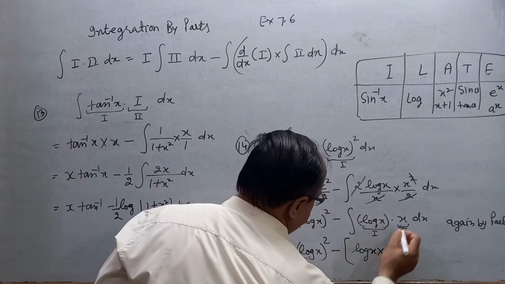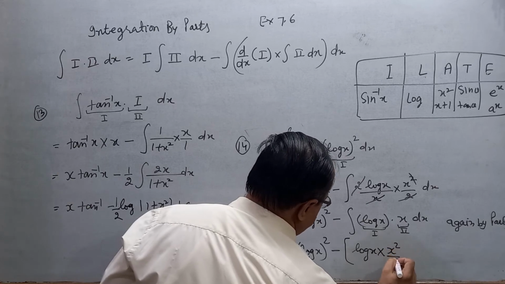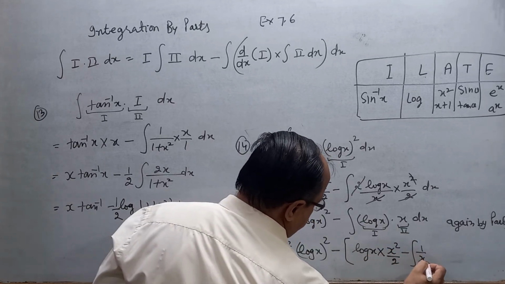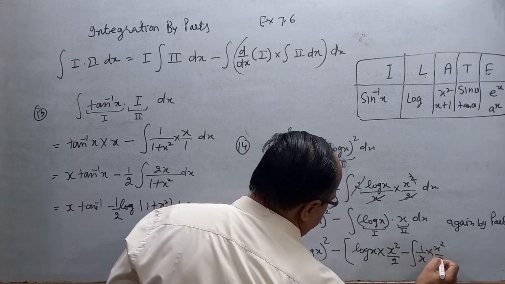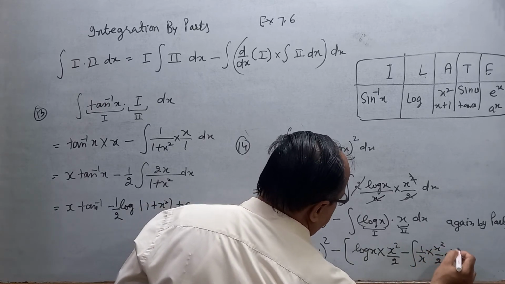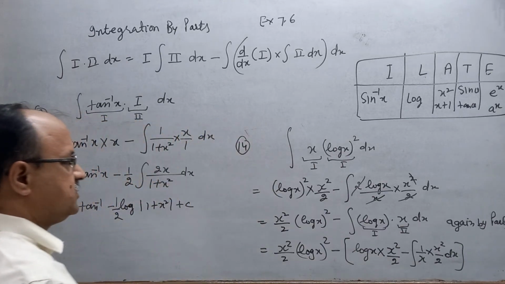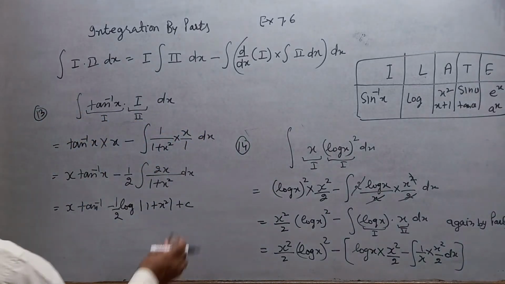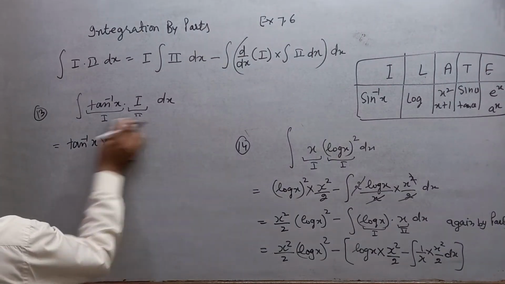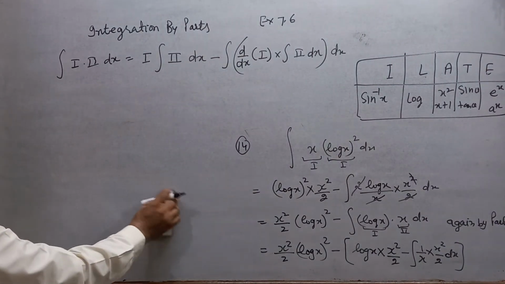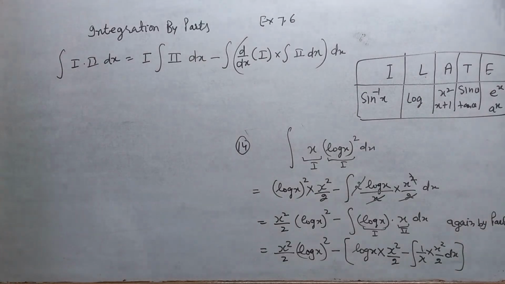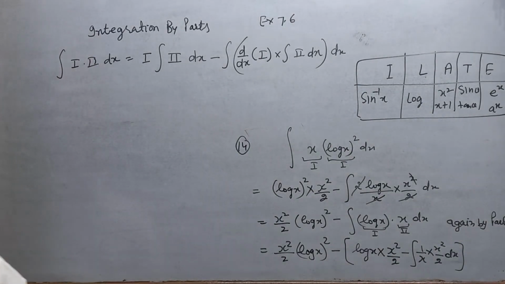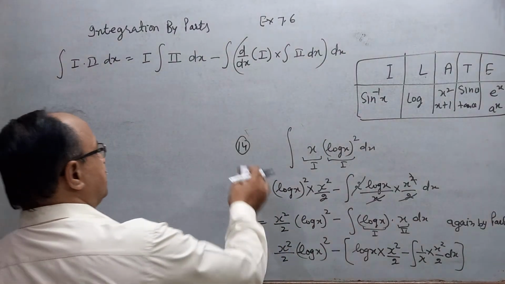First function as it is, integration of x square by 2 minus derivative of log x, 1 by x, times x square by 2 dx. Further you can solve, integration of x you know very well. Clear? This is the solution of question number 14.